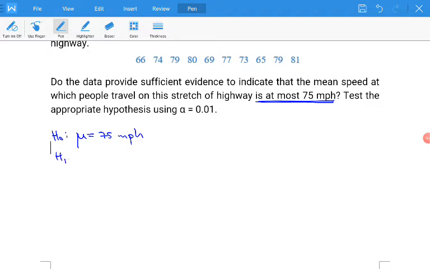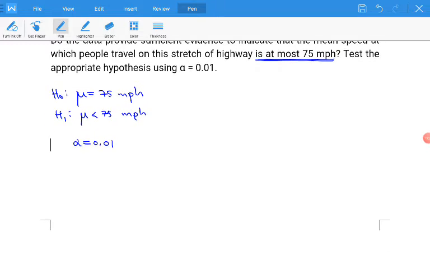Then under H1, mu at most, so it means mu is less than 75 miles per hour. And here we are given alpha is equals to 0.01.